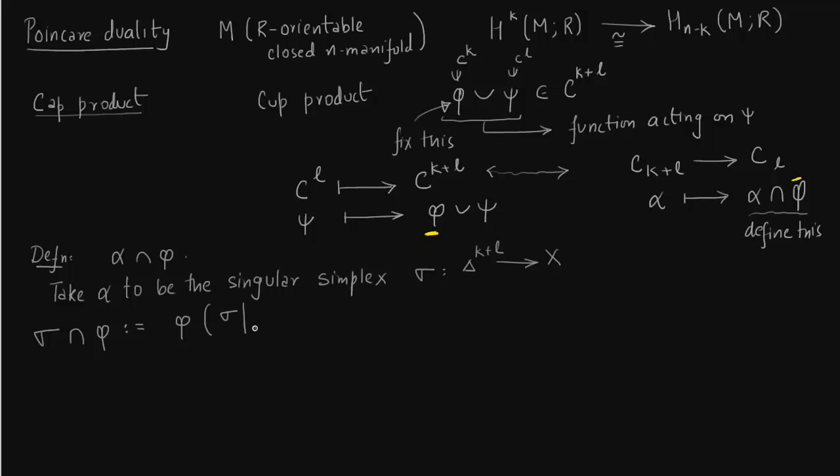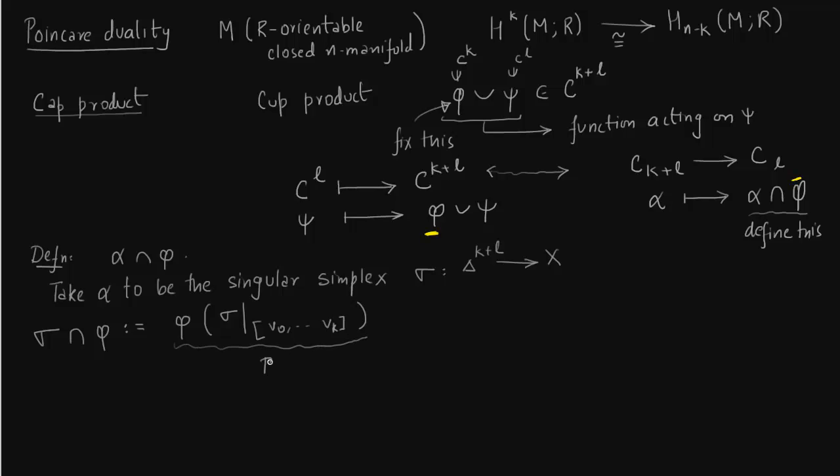Phi acts on sigma restricted to the first k parts, obviously because phi is an element of cochain Ck, so it can only act on the first k parts.